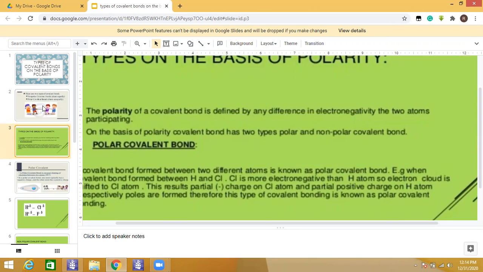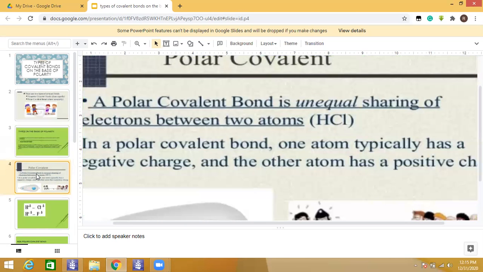First, let us discuss polar covalent bond. The polar bond is the bond between two atoms having different electronegativities. If the atoms forming a bond have different electronegativities, like in HCl, the bonding pair is shared unequally.